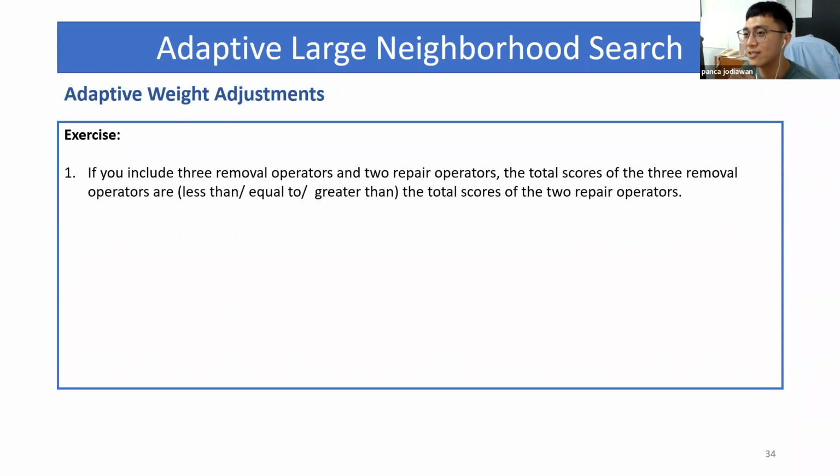You can put hands or put any kind of emoticon on your screen to let me know whether you are still here. Then now let's consider the first. Okay, thank you. So the first question is, if you include 3 removal operators and 2 repair operators, consider whether the total scores of the 3 removal operators are less than, equal to, or greater than the total scores of the 2 repair operators.